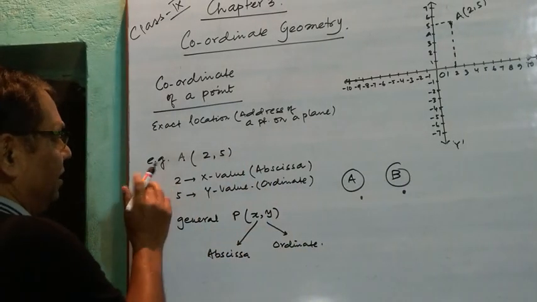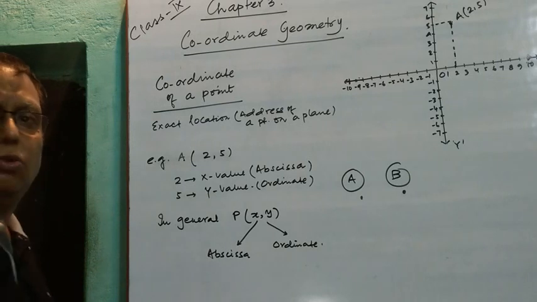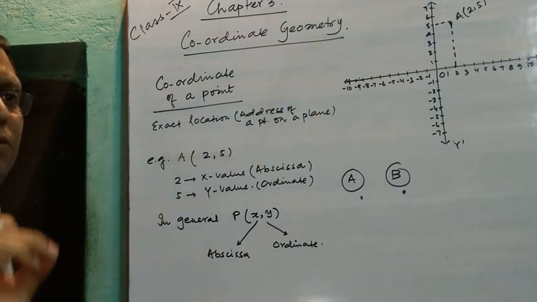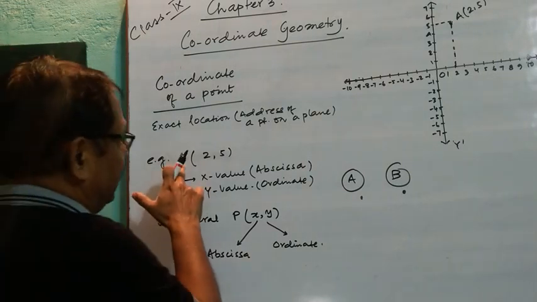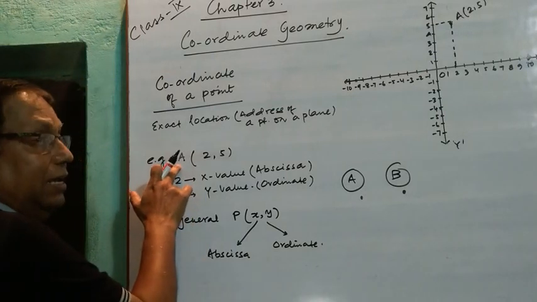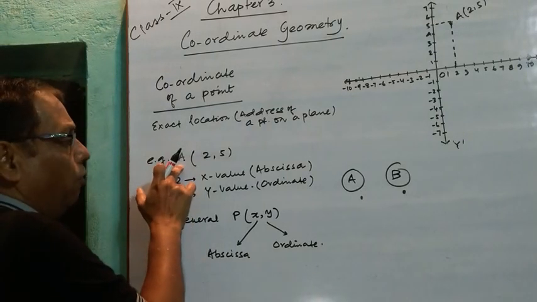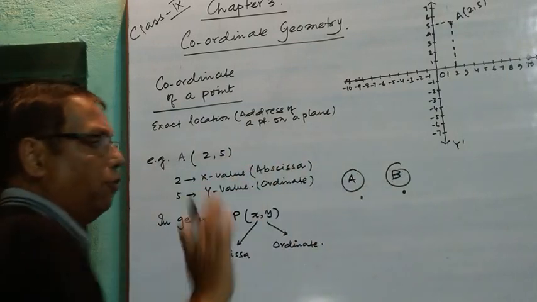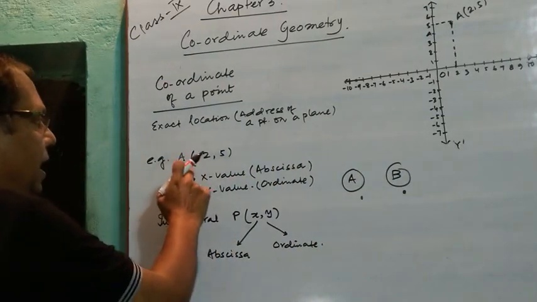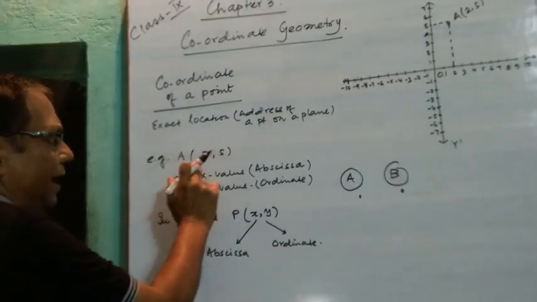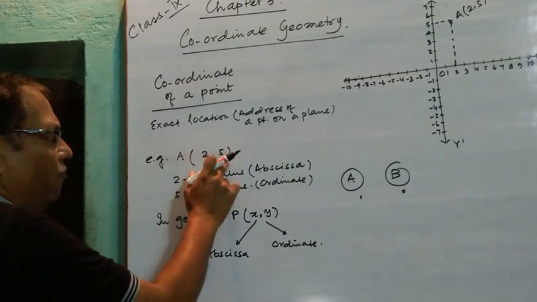Example I have given. Remember, in coordinate geometry, the point will always be represented by a capital letter, A. Capital letter A means A is a point, P is a point, B is a point. And after that, within brackets, I have written 2, 5.